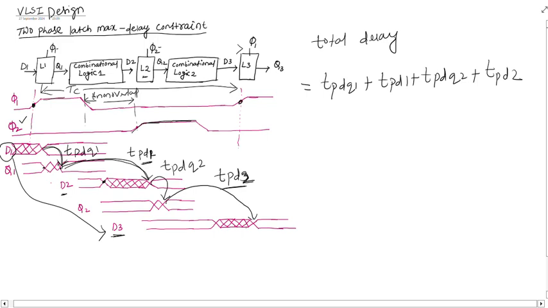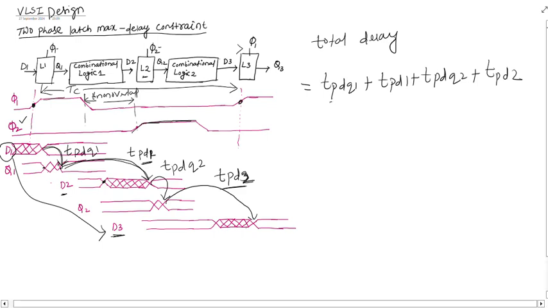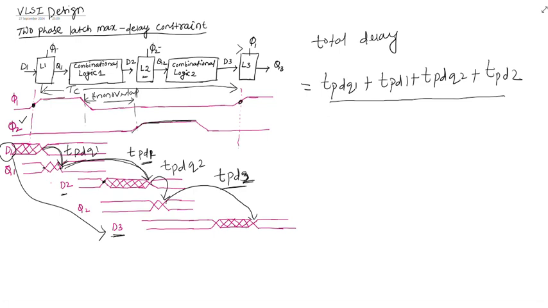Okay, so this is the total delay, and this total delay should be less than or equal to the total clock cycle, then there will be no errors at the output. That means this value should be less than Tc, which is one clock cycle.